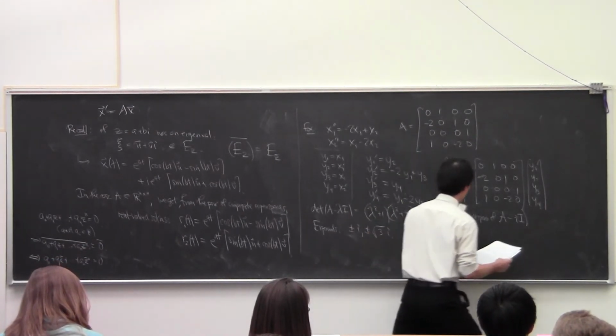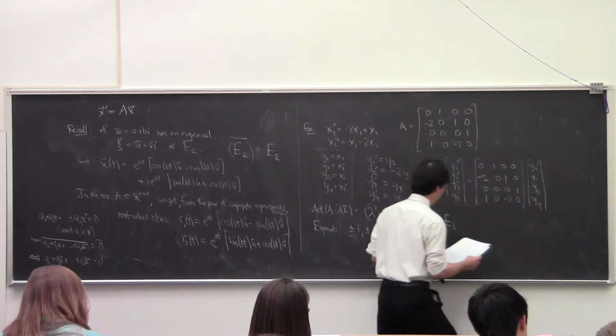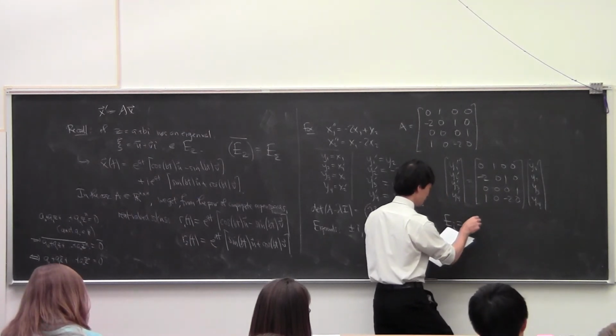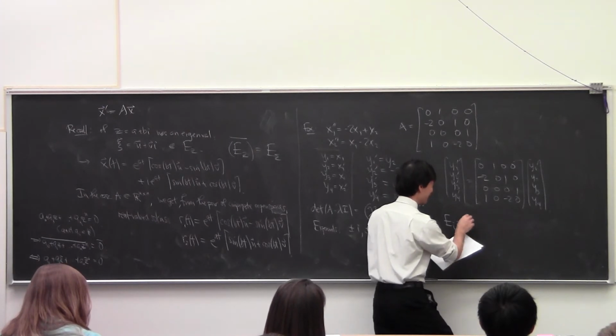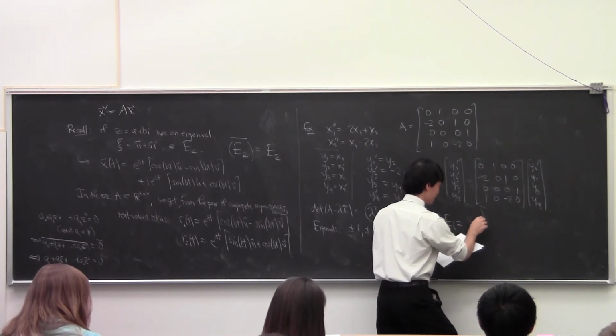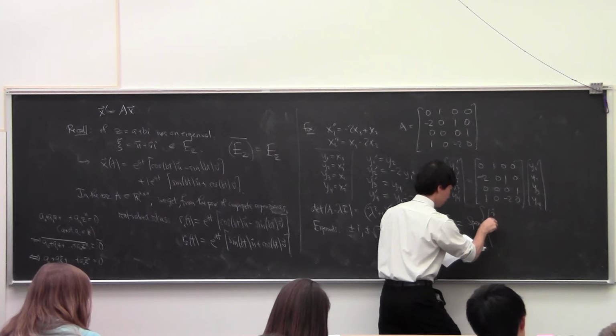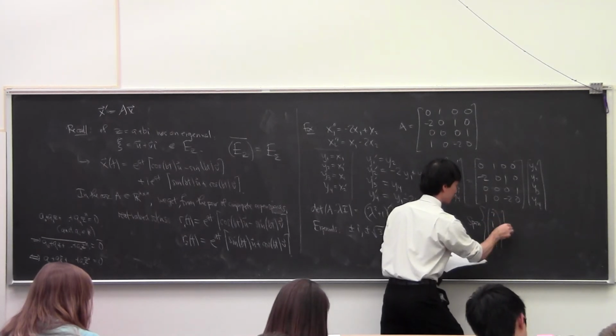E sub i, when you work it out, and I hope I didn't make any mistakes when I did this, but you will never know, turns into the span of (i, 1, i, negative 1).